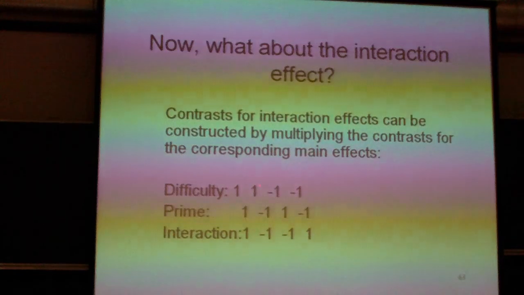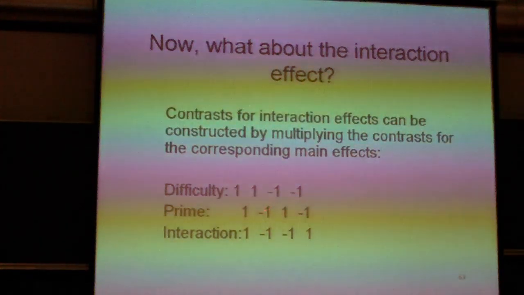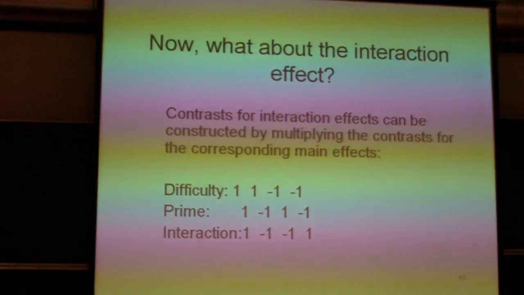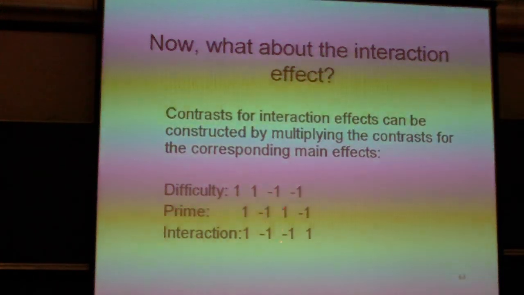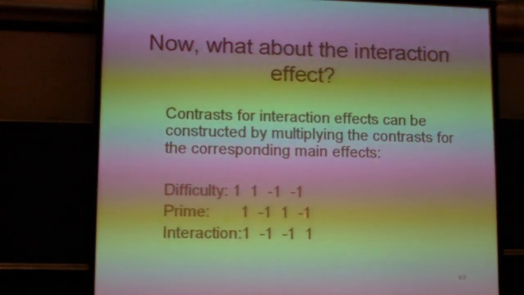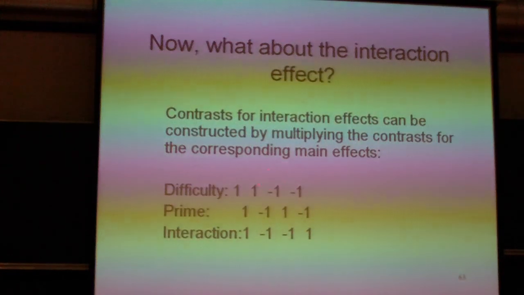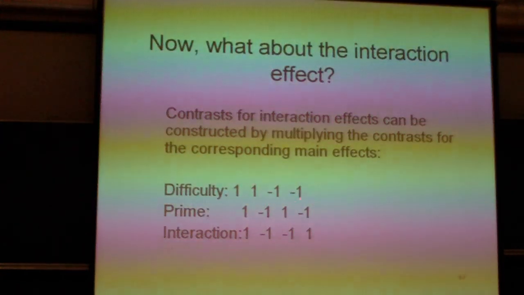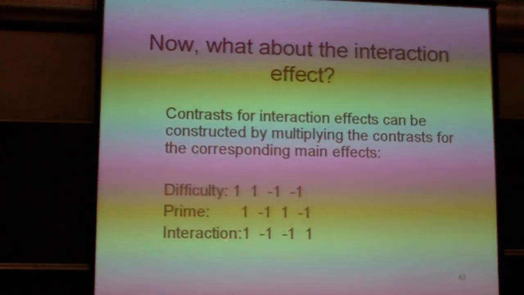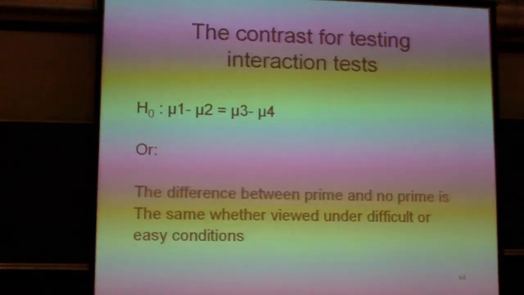For the second group, for the difficulty contrast we had plus 1, for the priming contrast we had minus 1, the product of course is minus 1. For the third group, the product is minus 1, and for the fourth group, the product of minus 1 times minus 1 is plus 1. So by multiplying the corresponding contrast coefficients, we can form the interaction contrast.